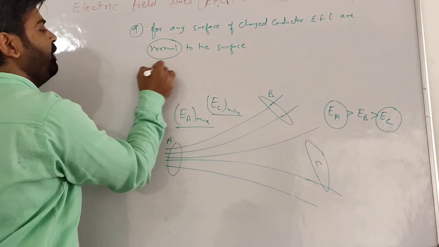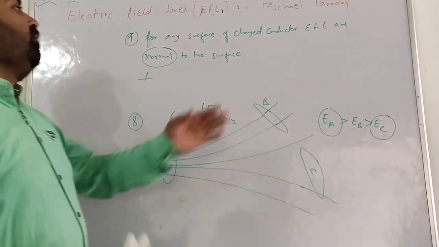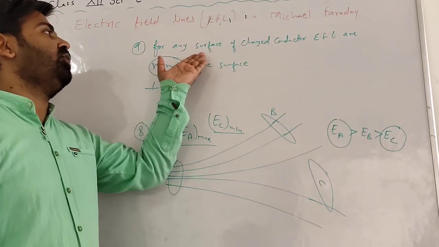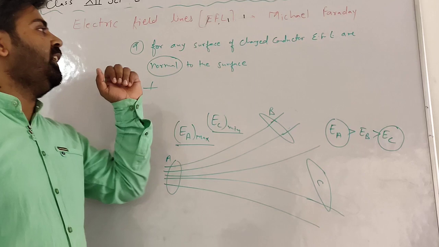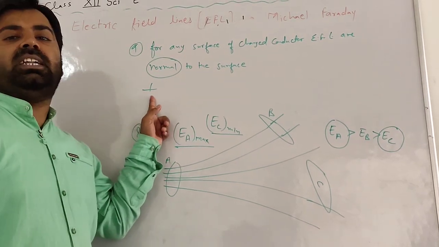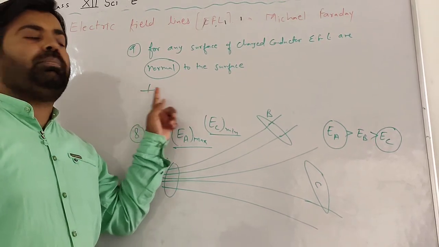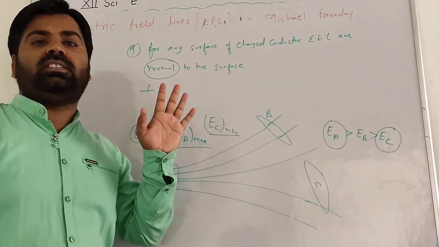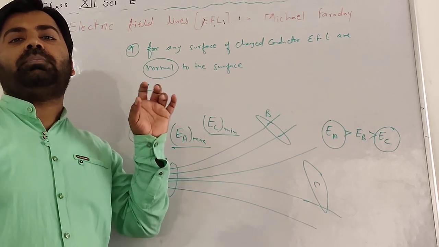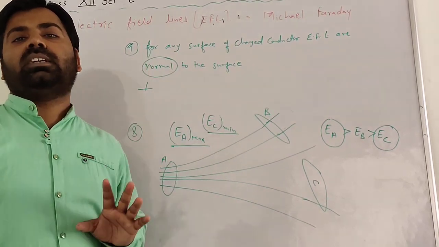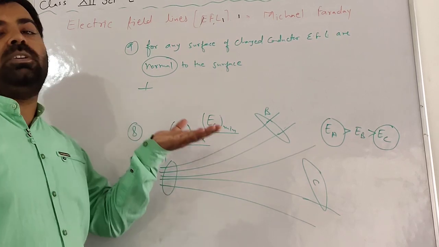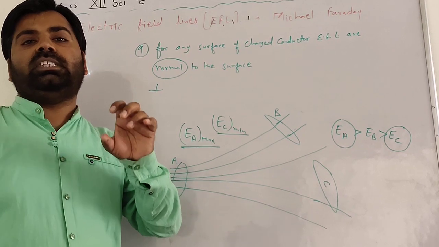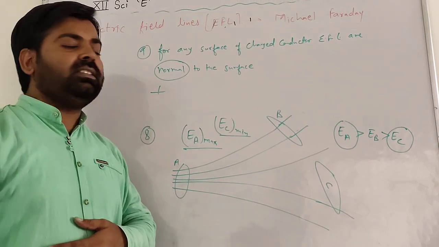For a charged conductor, electric field lines are always normal to the surface of the charged conductor. And this is a property of the surface only. Field lines never penetrate the surface of a charged conductor. They always start from the positive charge surface and end at the negative charge surface.